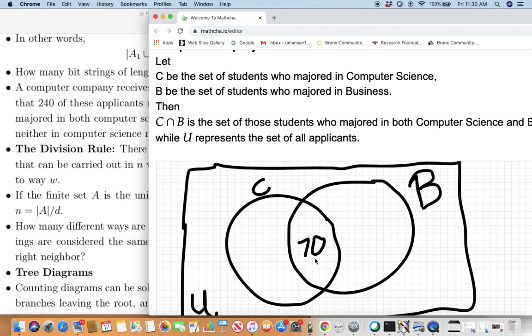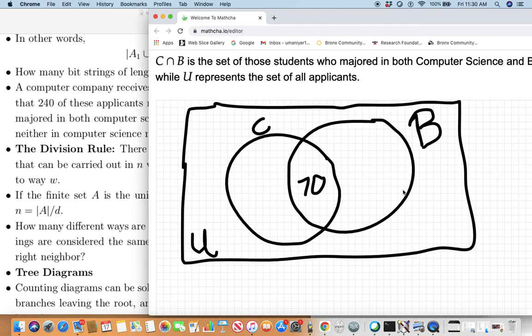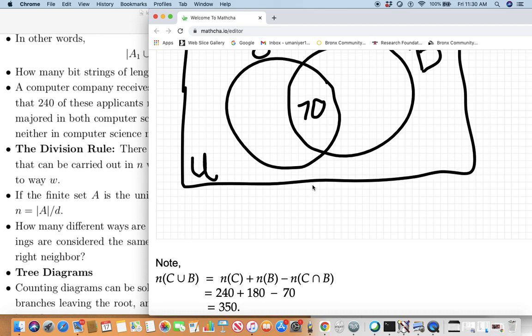So the intersection are students who had double major, computer science and business. We know there are 70 students here. We know that there are 240 in computer science, 180 in business. All right. So what does that mean?